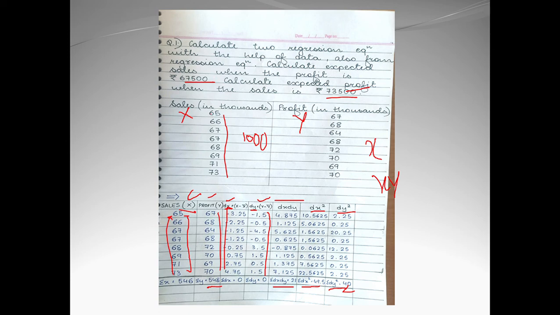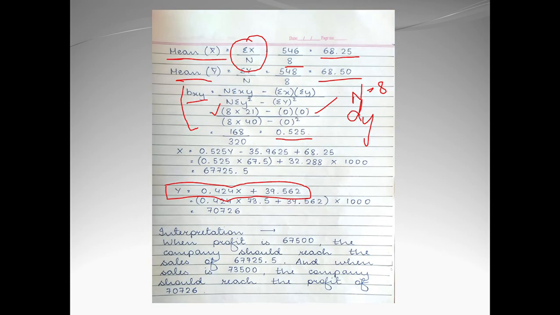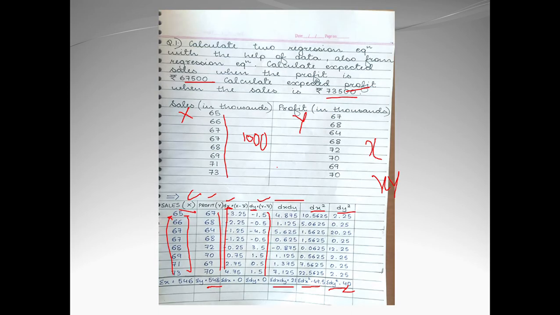So the sales is the x series, so we'll put it in the x on y equation. Here on putting 67.5 in the x on y equation, we got the sales equal to 67,725.5. So that is our sales when the profit is 67,500.